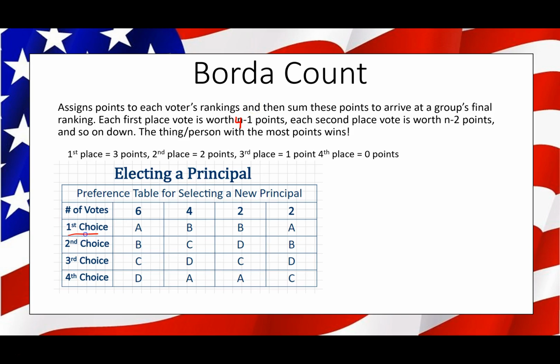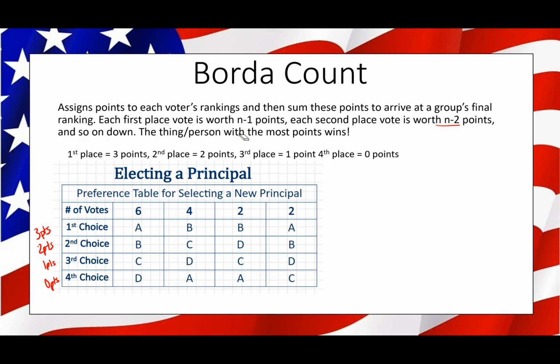So a first place would be 3 points. Second place would be n-2, or we're just going to drop down and say this is worth 2 points, 1 point, and 0 points. So you're basically awarding the first place with more points than the last place, 4th place here. And don't get overwhelmed with this n-1.